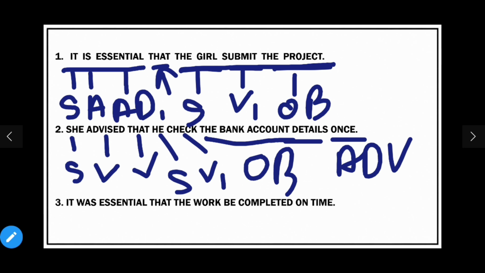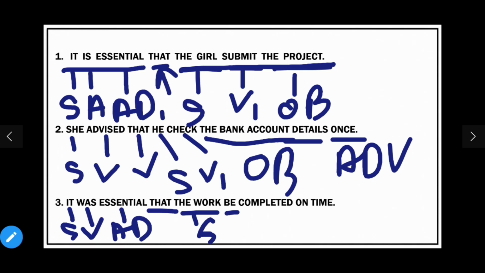In the third example we can see the same thing here: it subject, was verb, essential adjective, then that, then the work which is subject, then be, base form of V1 form, and then completed, then on time, which is an adverbial phrase of time.